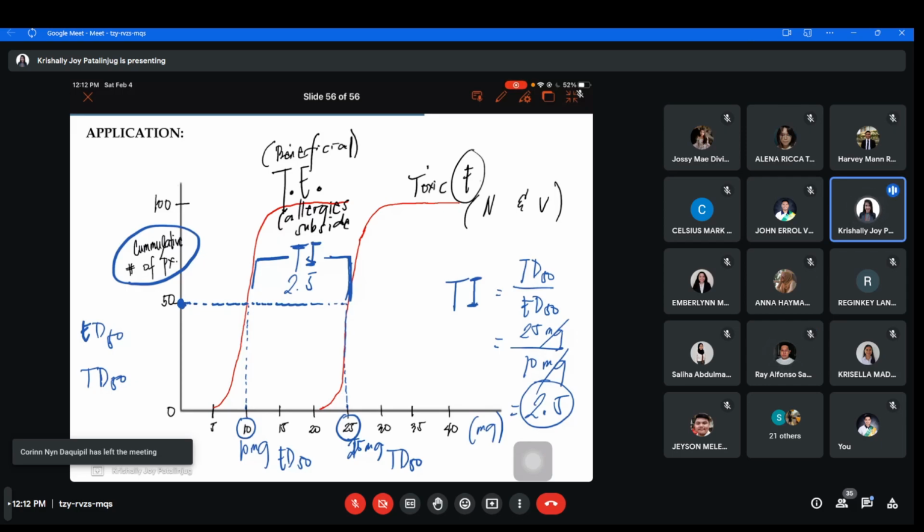Okay. Wala gid siya specific nga number or value man yata. Basta kung large kaayo siya like 5, 6, I think we consider nga dili na gid safe ang drug having that larger value sa therapeutic index.